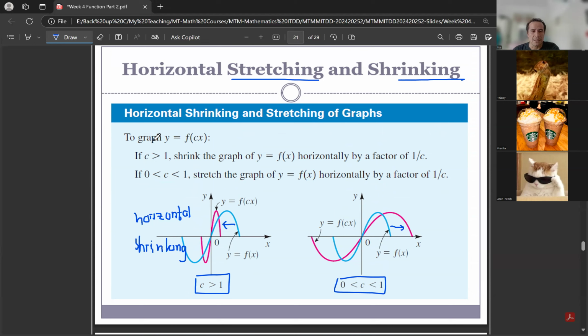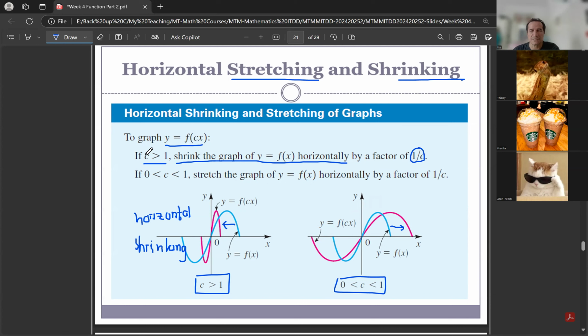For the function like this, c must be greater than 1, and the graph will shrink horizontally by a factor of 1 over c, not c.